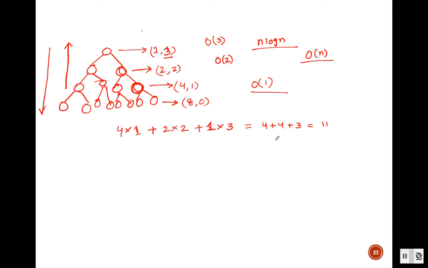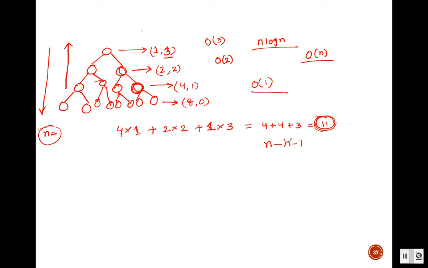All right, so we can generalize this approach. If we have a total of n nodes in a complete binary tree, the number of operations in the worst case is always going to be less than n. Here we need 11 operations, and with n nodes we can generalize the number of operations as n minus h minus 1.